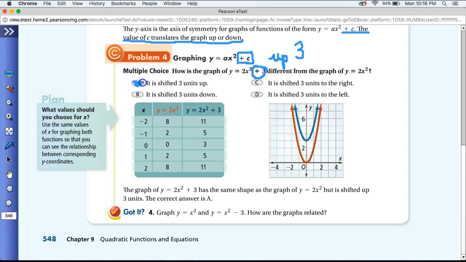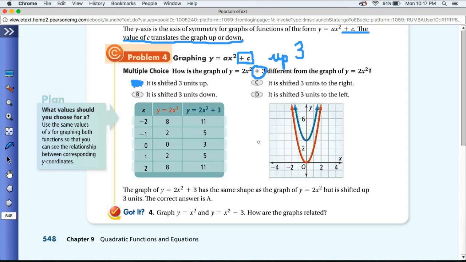This is what we want right here: choice A. Reason being, if you look at the input values versus the output values, this is 3 higher than that, this is 3 higher than that, and this is 3 higher than that. So the vertex moves up 3 spots, and so does every other point on the graph. They all move up 3 units.